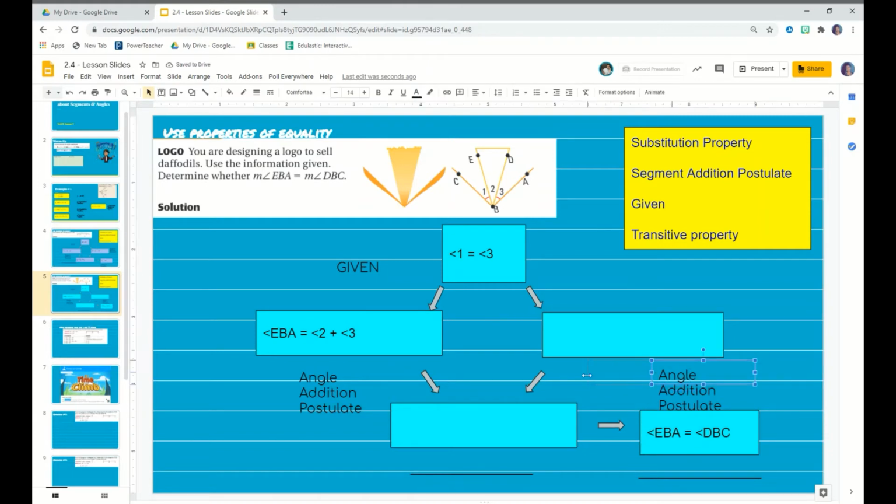You can't say AM is equal to MB. That's not given yet. That's something you concluded based on the given. So the given is M is the midpoint of AB. Given.